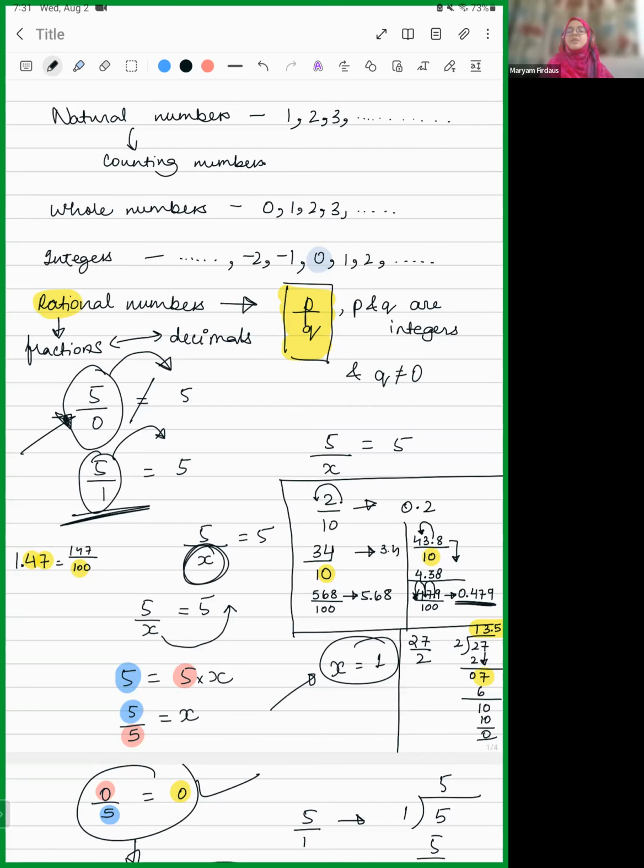Give me one rational number which is not an integer. Avni? Ma'am, I'm not getting a number. No, think about it.